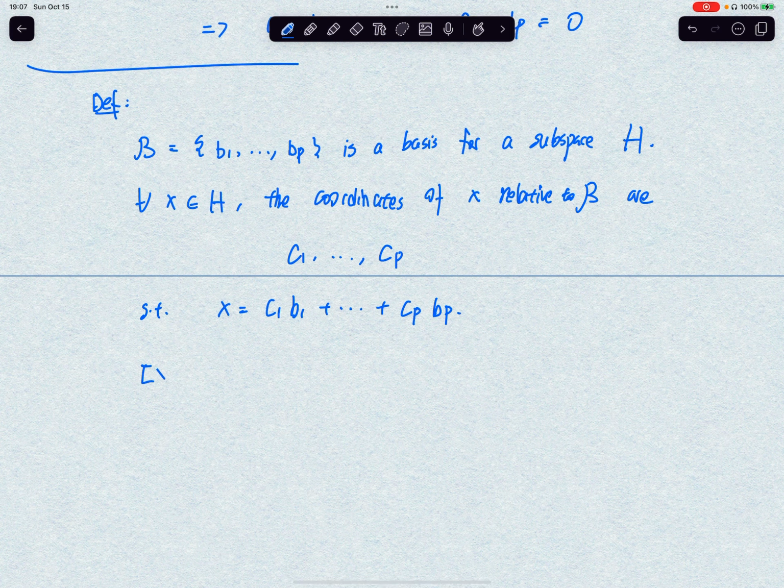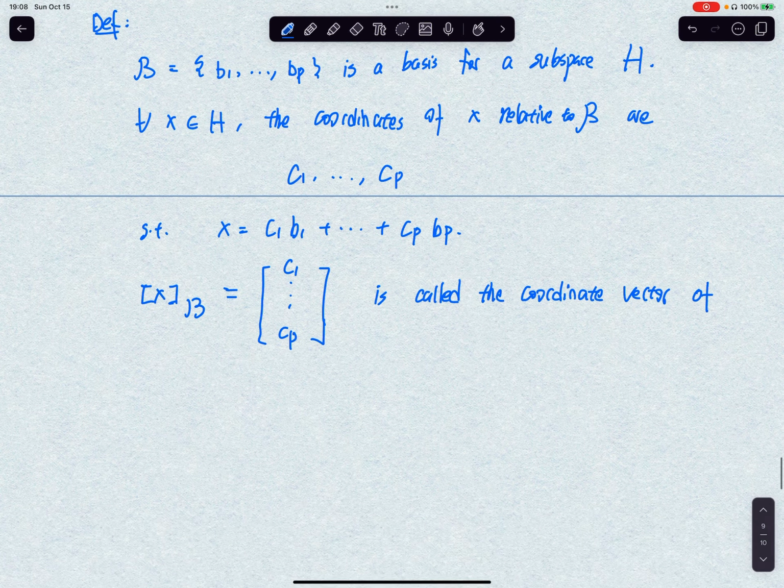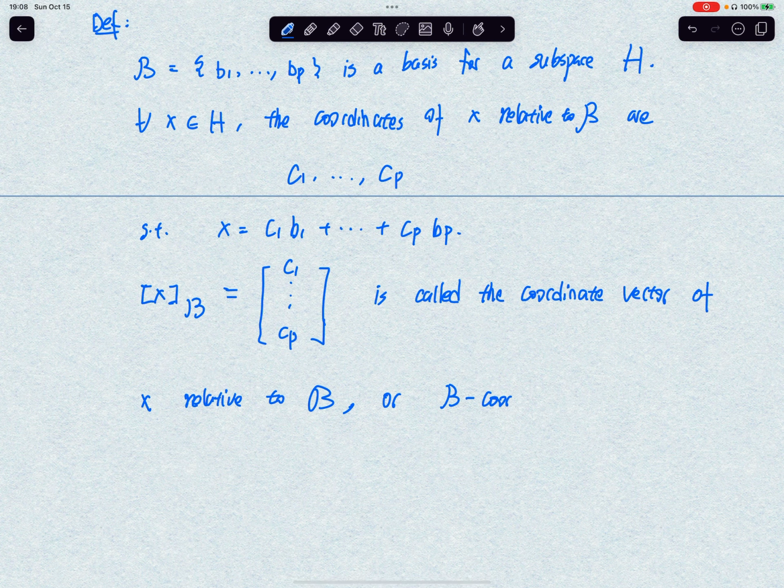We can write it in this form to denote it. This is called the coordinate vector of x relative to the basis B, or the B-coordinate vector of x.